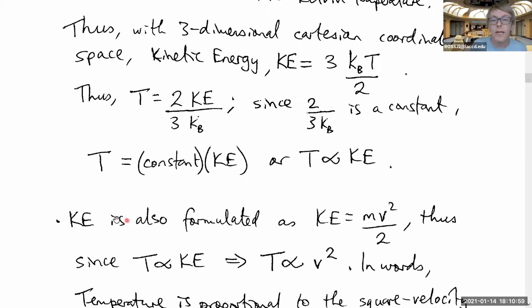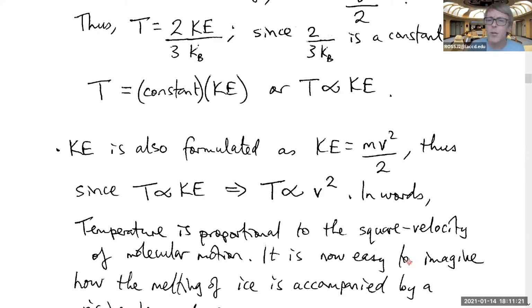We know that kinetic energy is also written as mass times velocity squared over 2, which I'll show you in the next slide. Therefore, temperature is not only proportional to kinetic energy, but specifically to the squared velocity of molecules.